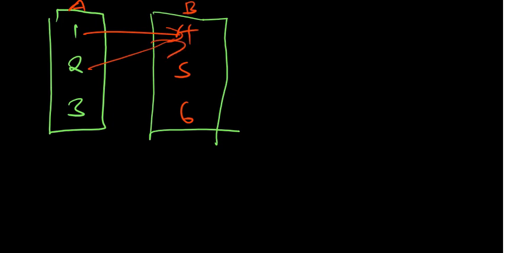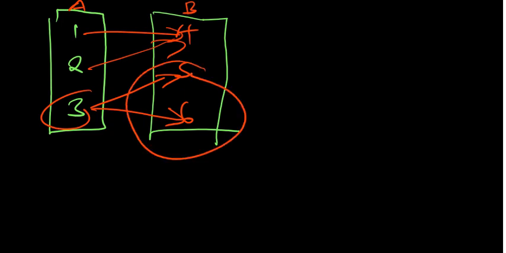At the same time 3 is going there, and 3 is also going there. So as we can see, one element of a is going to two elements of b. At the same time, two elements of a are going to one element of b. So this is not a function.